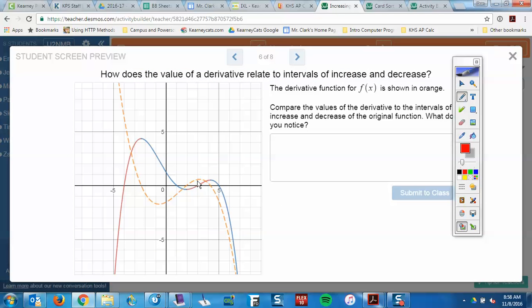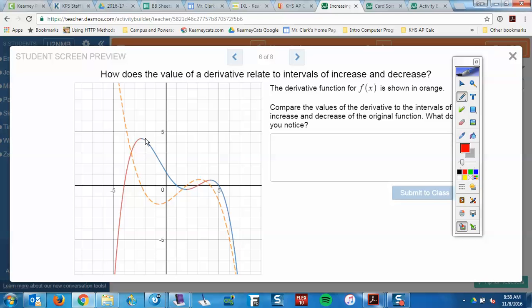Here's screen 6, right? Everybody's looking at this. So let's look at it. It says the orange graph is the F prime. So look what happens. When this graph is red, increasing, what do you notice about the orange graph? It's above the x-axis, positive.